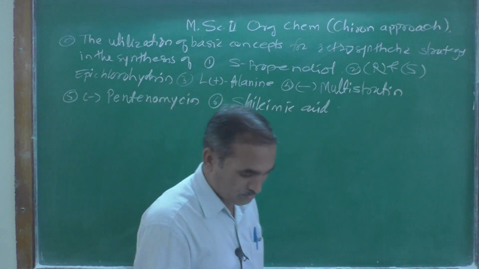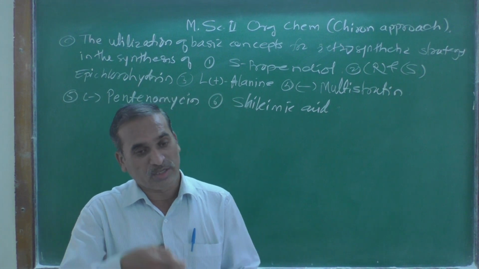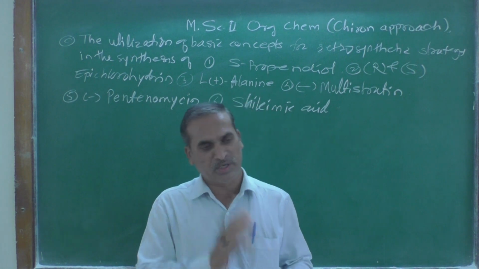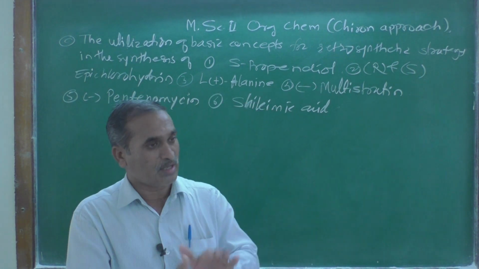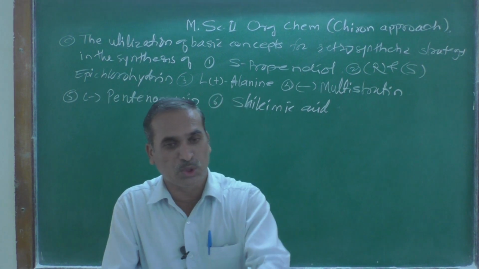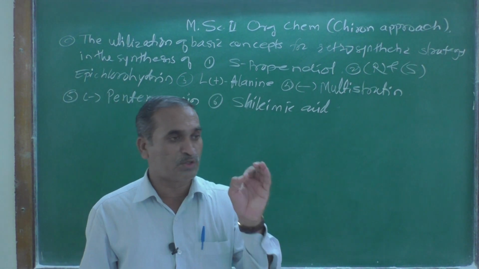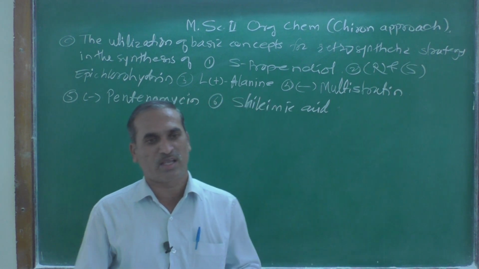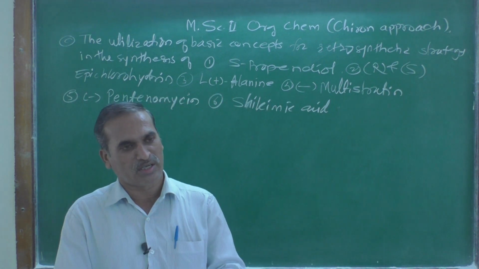So what does it mean? In FGI, one functional group is converted into another functional group so that disconnection becomes possible, and that is known as functional group interconversion.